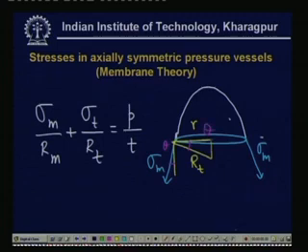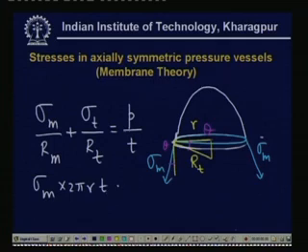So, the total force balance will be equal to sigma m, and the surface area over which it is acting is twice pi r times t, and only the cosine component will act. Now, remember the pressure is acting throughout here.